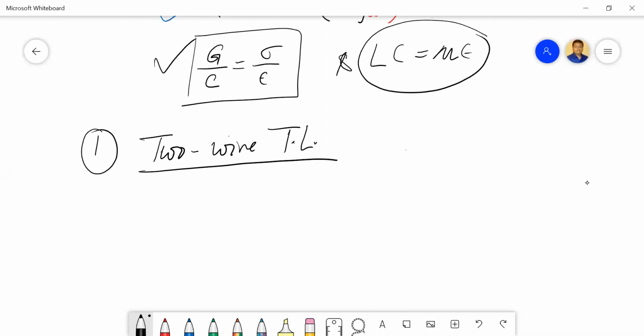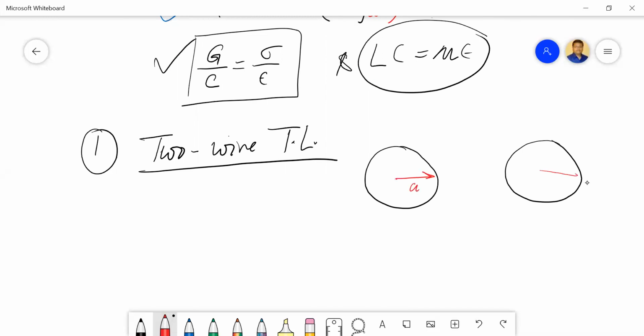Let us try to draw it here. Let's say this is the cross section of the two wires, this is the radius of each wire, and the distance between the two wires is d.